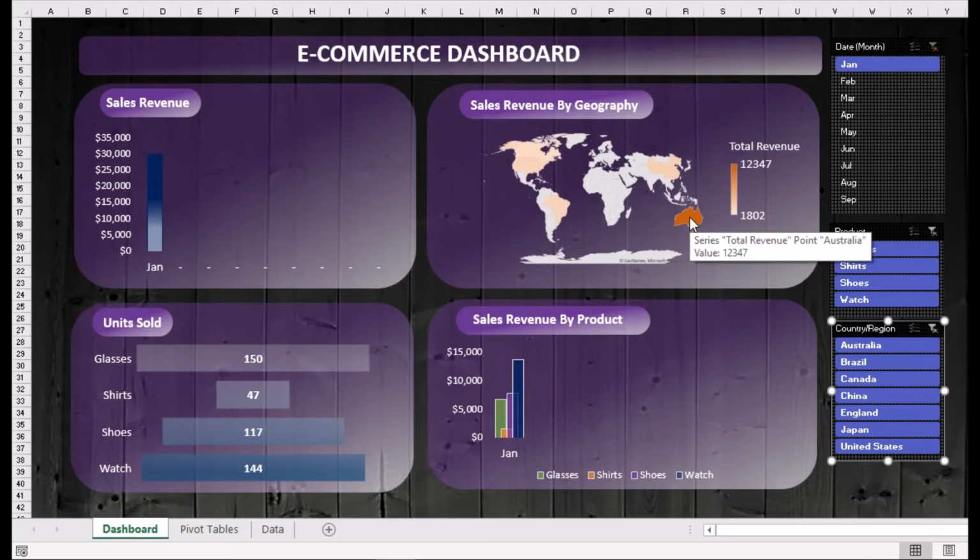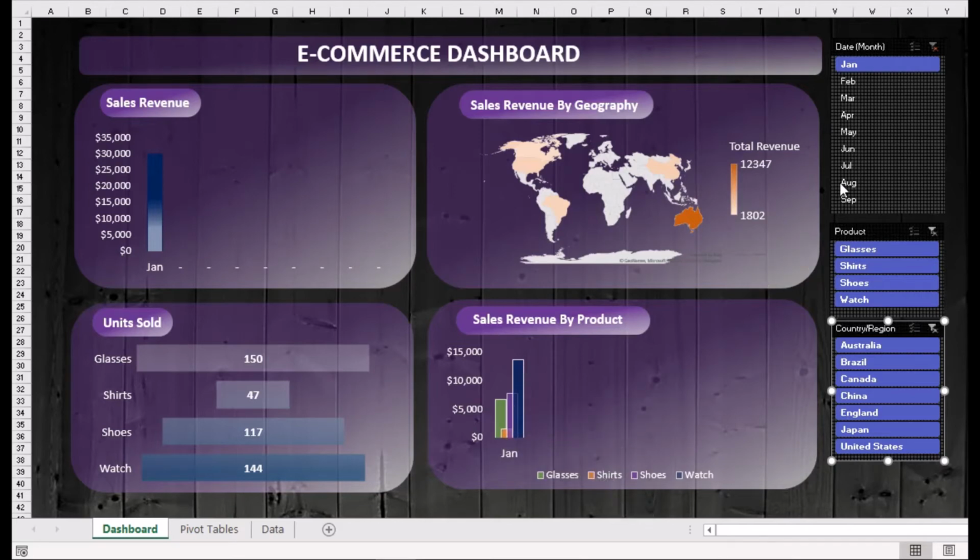The highest revenue was recorded from Australia, and almost the same revenue was recorded from the other regions. And this is the by product range. Most of the sales revenue is from watches, and the least revenue was recorded from the shirts.